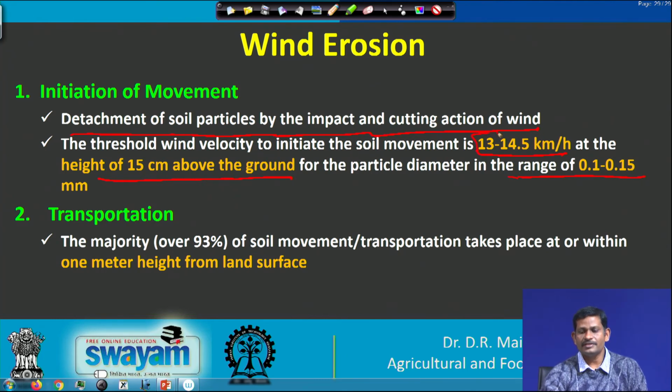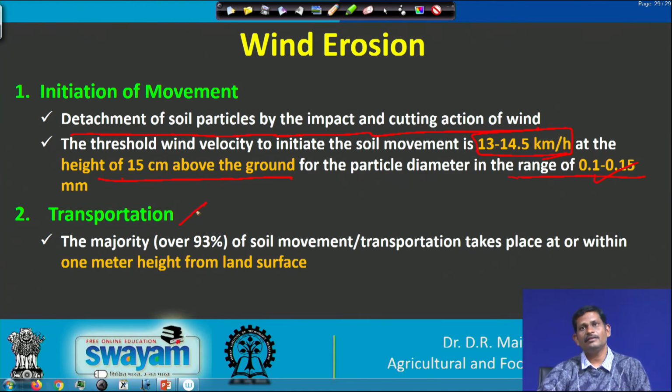This is the minimum wind velocity required to lift these particles, taking the wind velocity measurements at 15 centimeter above the ground surface. So, this much initial acceleration, or velocity, is required to lift the soil particles from the ground.